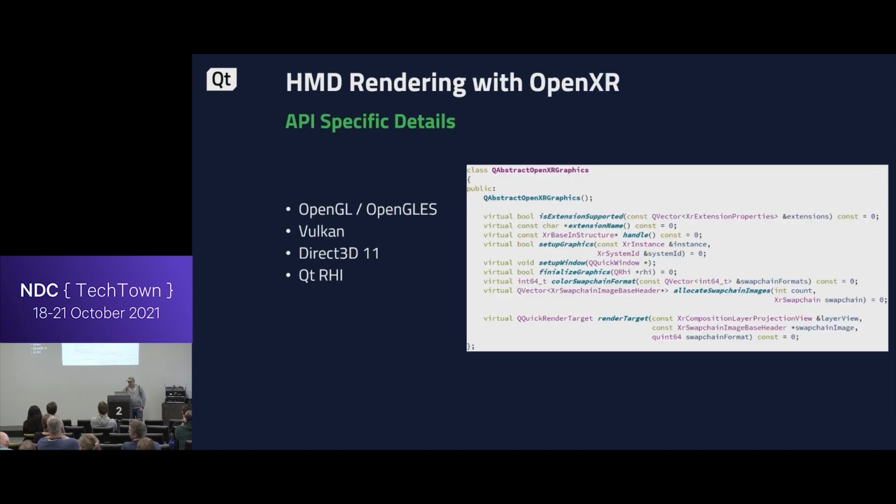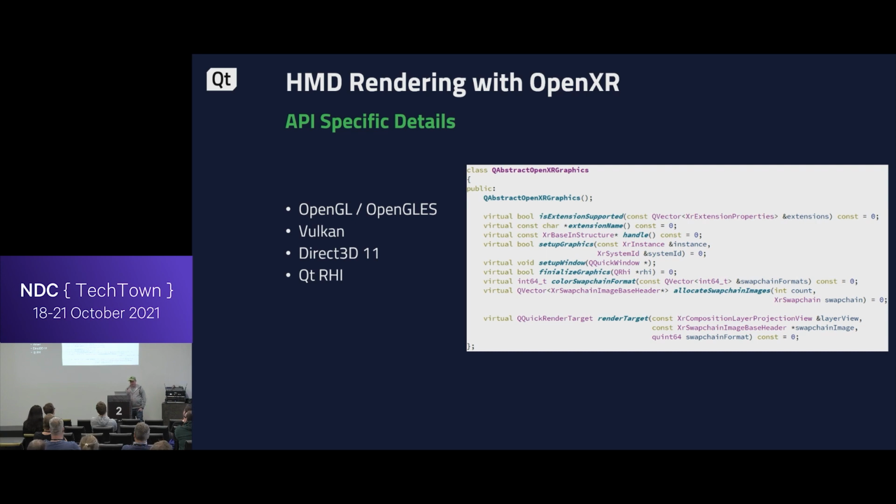What that looks like depends, because Qt Quick supports different backends, and so does OpenXR. Right now we're supporting OpenGL, OpenGL ES, Vulkan, and Direct3D, but not Metal. I don't know of any of my hardware that works on Metal.